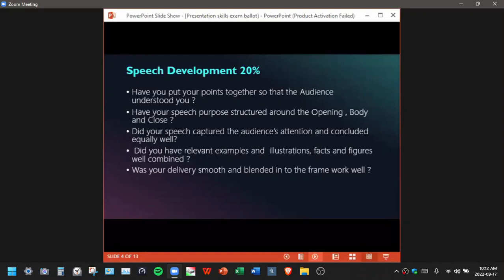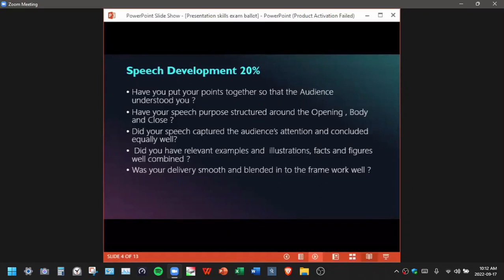In this area, what they look at is whether your points can be understood by the audience, whether they can understand what you are saying, and whether you have a good opening, body and conclusion.